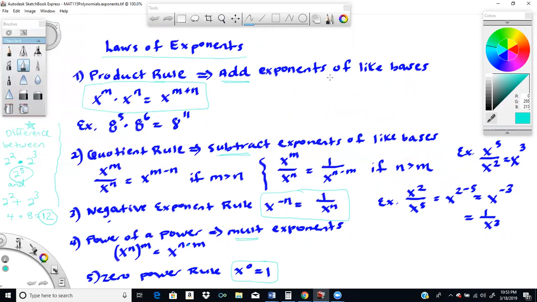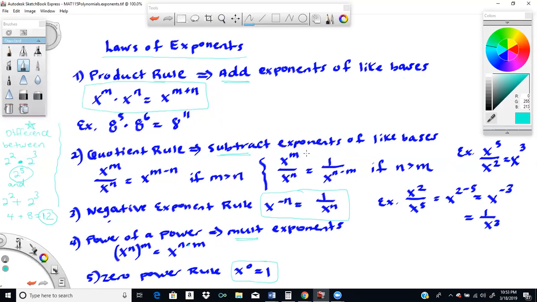You add the exponents of your like bases. Now understand your like bases are the x's, okay? So when you're multiplying like bases, you add the exponents. So for example, 8 to the 5th times 8 to the 6th, and that will be 8 to the 5 plus 6, which is 8 to the 11th. Base stays the same, you just add the exponents.